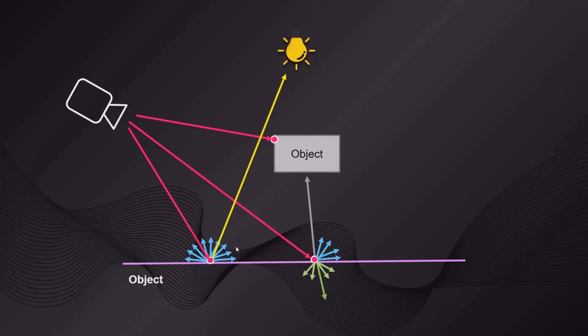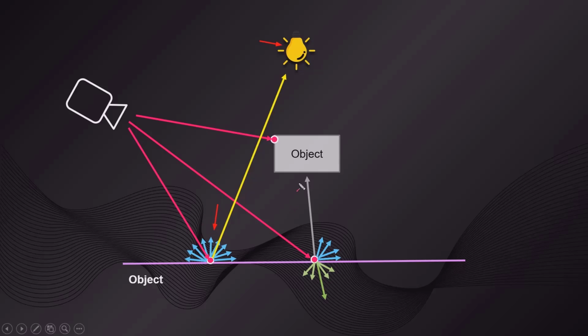Some of these bounced rays will be going towards our source of light, and if they can reach it, that means that area is in direct line of sight with our source of light and can receive direct lighting, and that means that area is not a shadow area. So basically that's how we calculate the shadows with V-Ray in our scene.